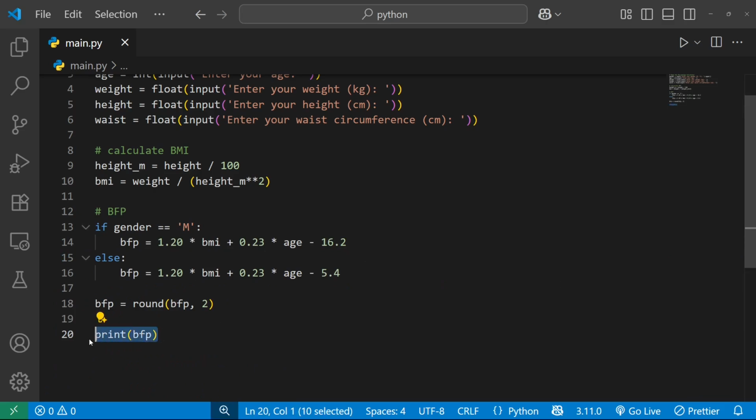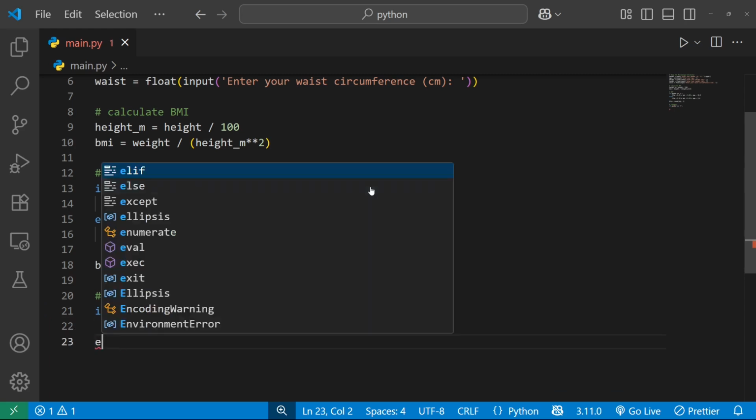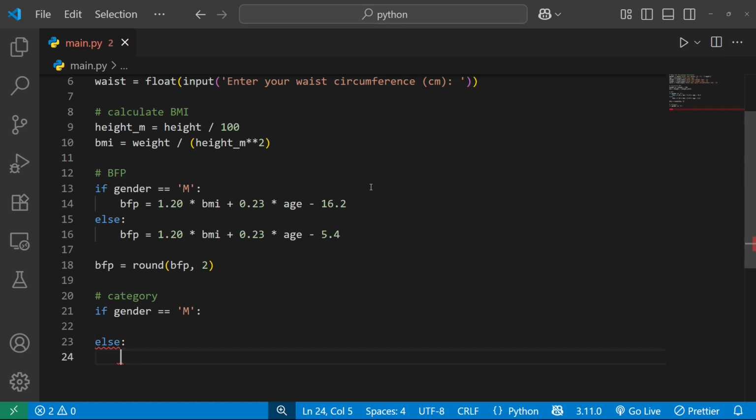After that, if we have the BFP, we can categorize. So category. Now if gender is equal to male, else it will be female. If it is male, we write: if BFP is smaller than 6, the category will be essential fat.